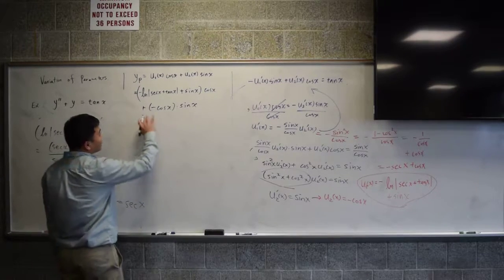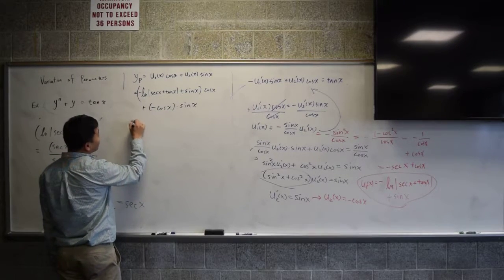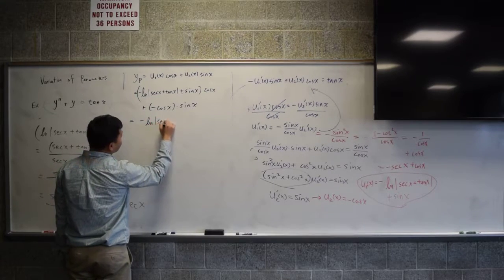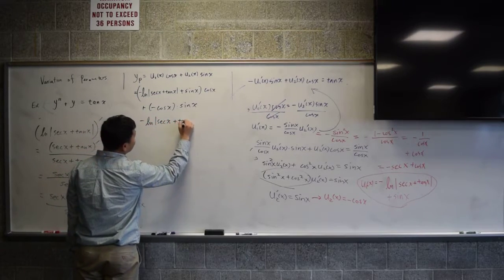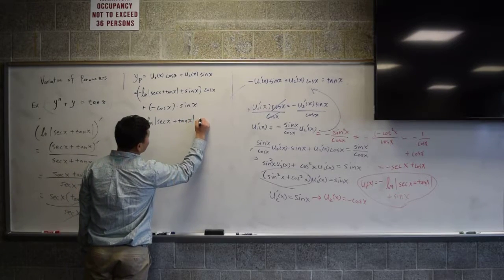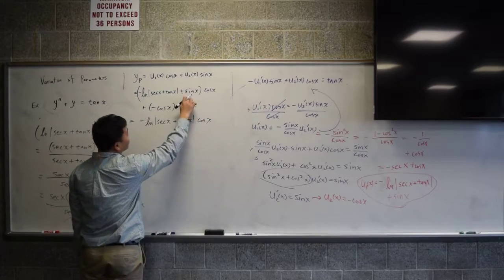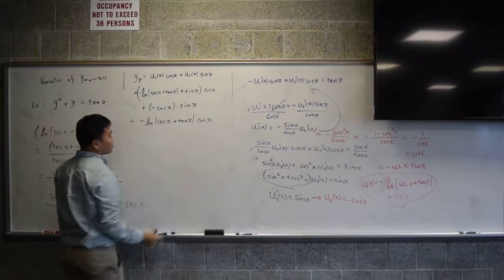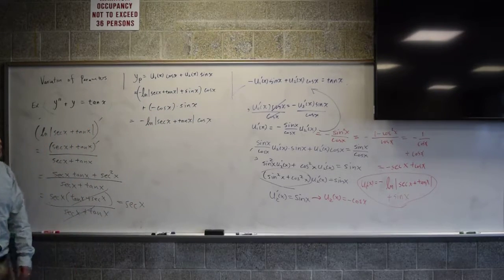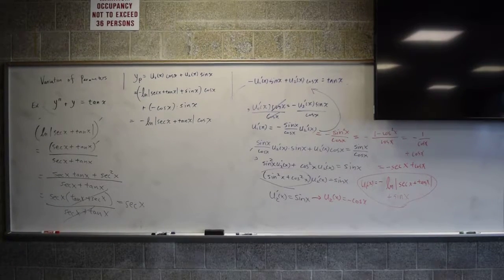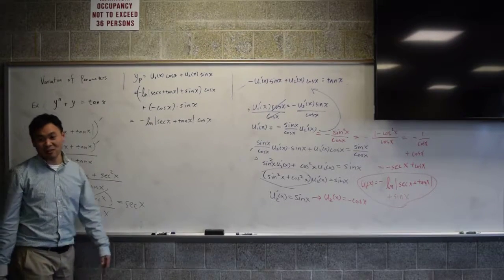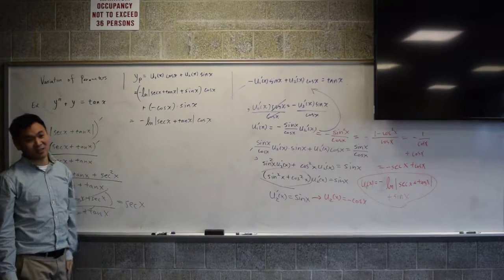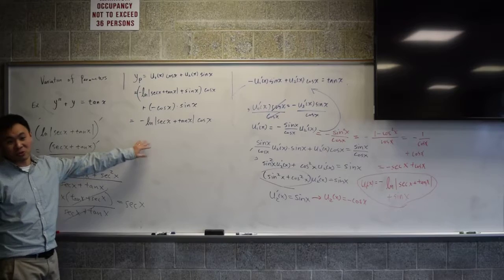And even this can be simplified, because I end up with negative ln secant of x plus tangent of x times cosine of x. And sine times cosine minus cosine times sine x, they cancel, right? These two cancel. And that's it. That's our particular solution. Kind of amazing that this would be the solution of this. Who would have thought? But that's the solution.